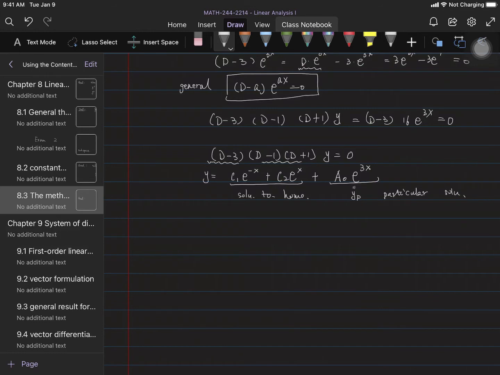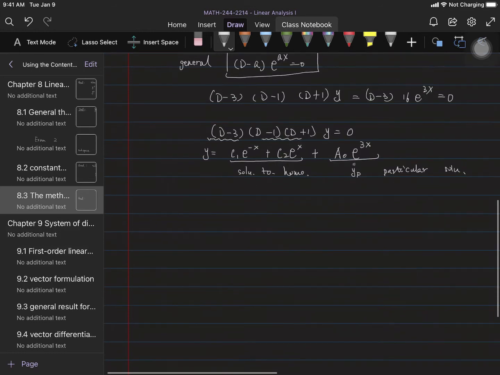So we found the form of the particular solution. Let's write down yp. Yp equals a naught e to the 3x. So first step, find the general solution to the homogeneous, and then we make the non-homogeneous into homogeneous, find the solution, and decide which one is the particular solution.